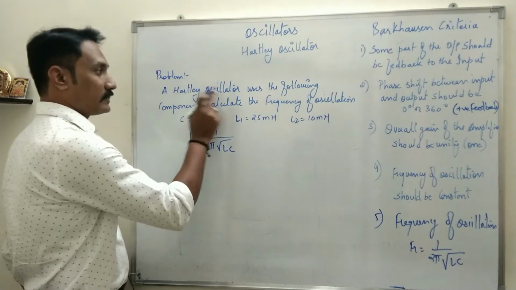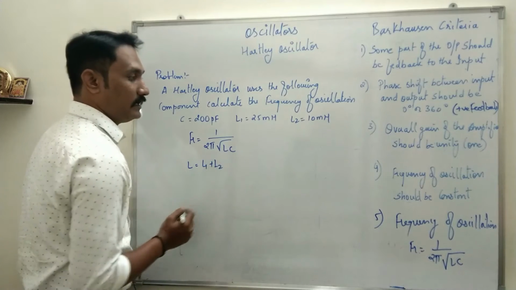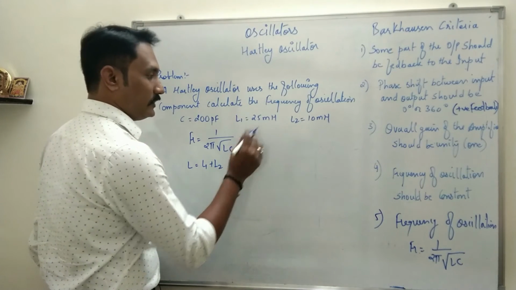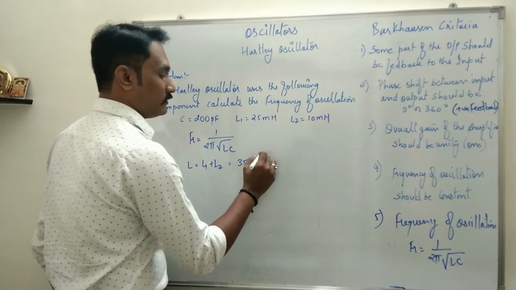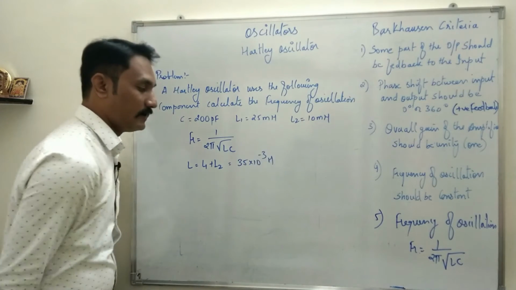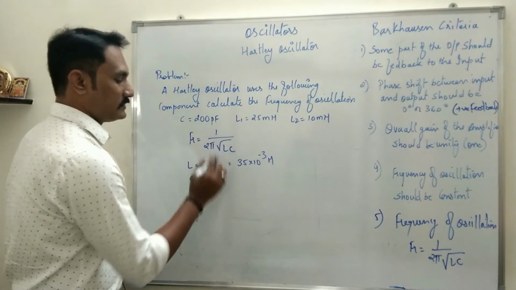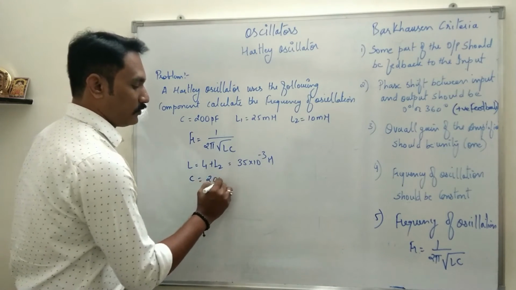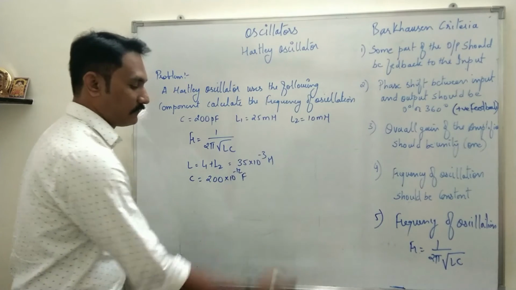In case of the Hartley oscillator, L will be L1 plus L2. So this value will be 25 plus 10, that is 35 into 10 to the power minus 3 Henry, 35 millihenry. And what is the value of C? C is 200 picofarad, that is 200 into 10 to the power minus 12 farad.